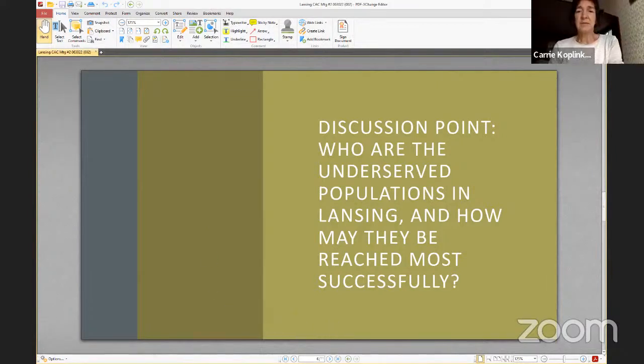We did bring up this very topic of underserved populations and reaching them at a meeting prior to you folks coming officially on board. We had a short list of ideas, and I think it involved going to some of the apartment complexes in the town of Lansing, not even including at that point the village, although I think it's a good idea.